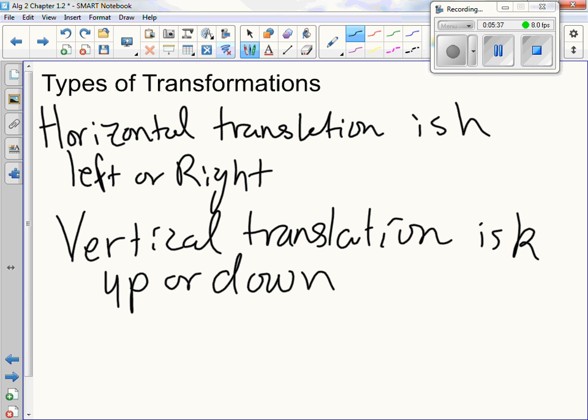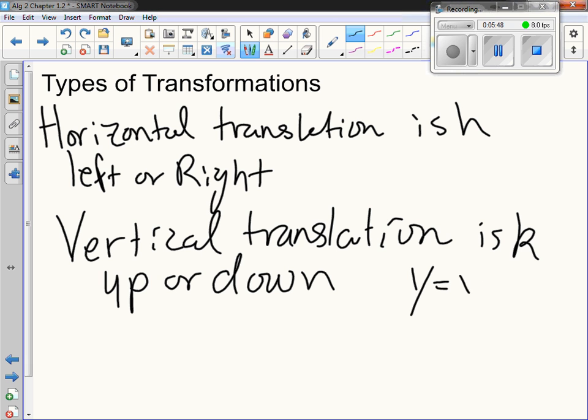When it moves it up and down, it is not lying to us, unlike horizontal, because our value of k is outside the parentheses. So if we had something like y equals x plus 2, it's moving it up 2 because of the plus 2. If it was minus 2 instead of plus 2, it would be moving it down 2. Yes? And that's it. So vertical translations are not too bad.